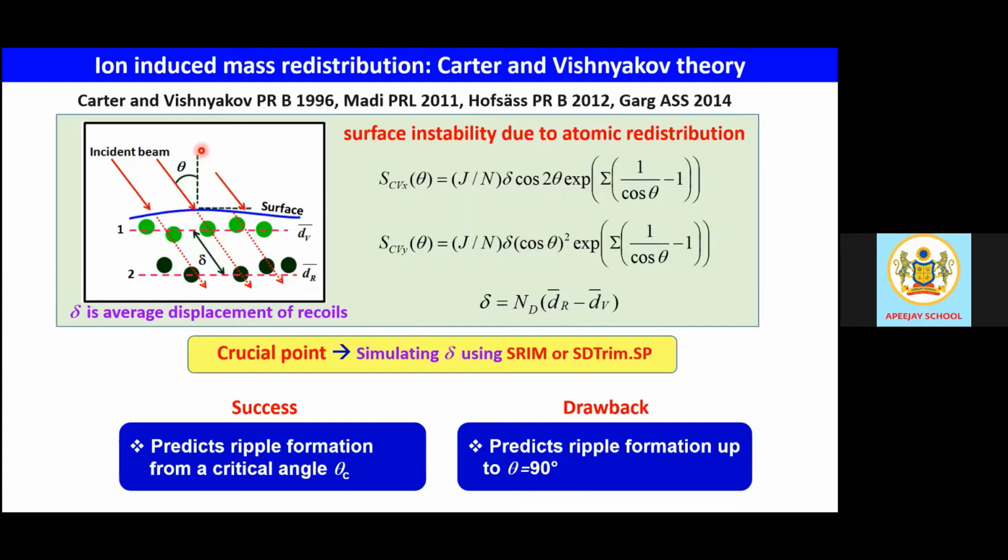So you can imagine, this is the incident beam direction, and this is the angle of incidence of the ions. Just think of what it means if the angle of incidence becomes parallel to the surface. Nothing. No experimental setup, no sample manipulator is available which can let the beam fall on the surface at an angle of incidence of 90 degrees.